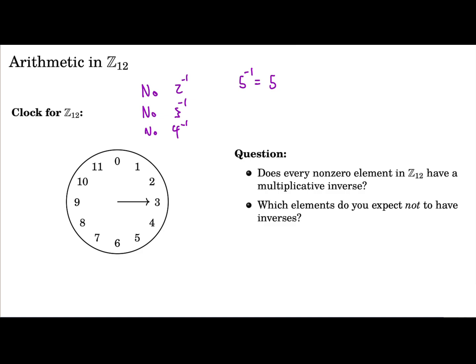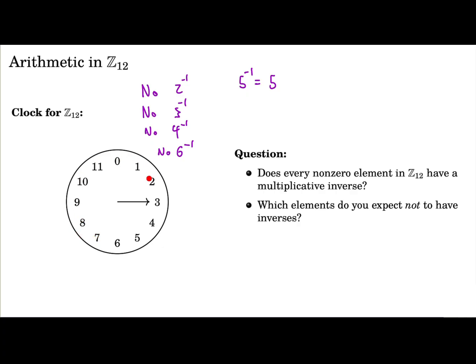Okay, what about 6? 6 divides 12, so there's not going to be any 6 to the minus 1, because again, you're going to be 6, 12, 6, 12. 7 does not divide 12, and you'll see that if you go, you will find an inverse. So 7, then 14, and so on.